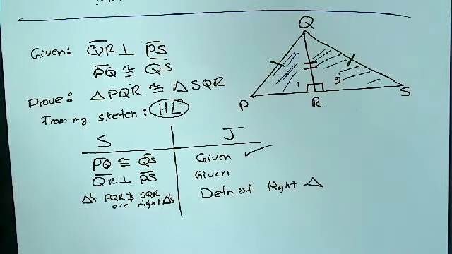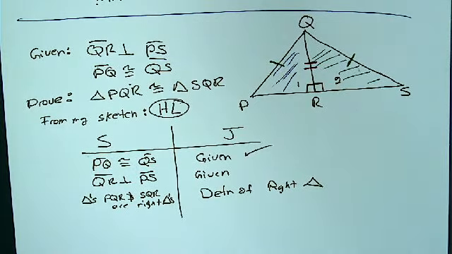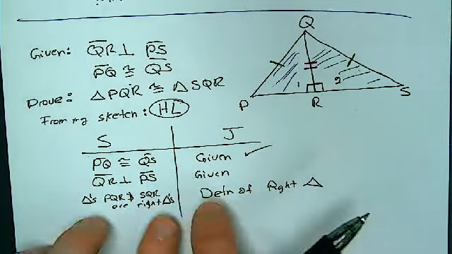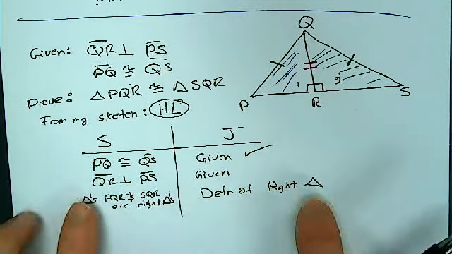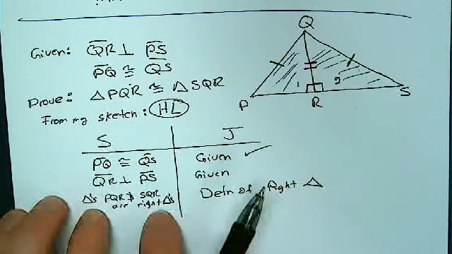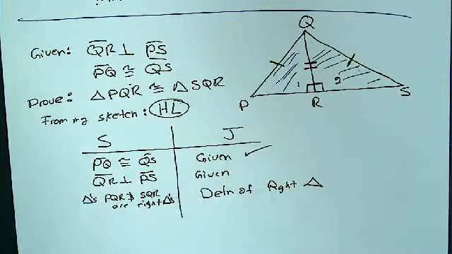Now this is where it's a little bit fuzzy. I don't believe the book has too many proofs that involve fill in the blanks with hypotenuse leg. So you'll see lots of different ways of making this statement. A lot of different ways of getting out there the fact that I've got my right triangles. The important thing is that you say it and that you have something to back it up that makes sense.